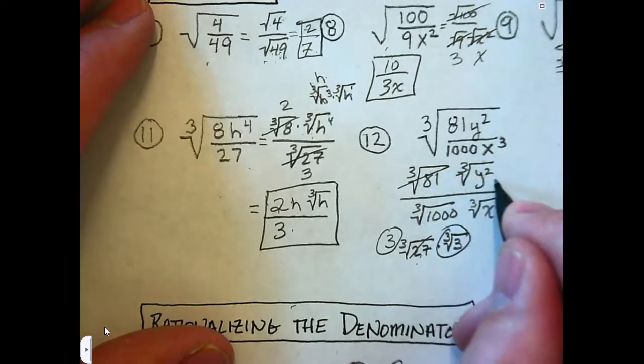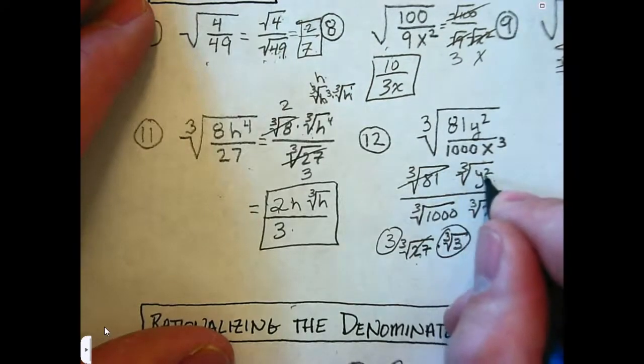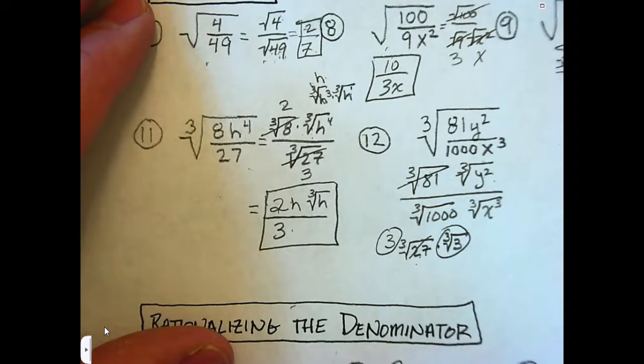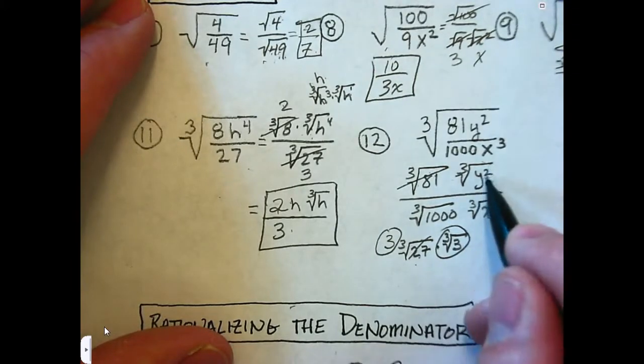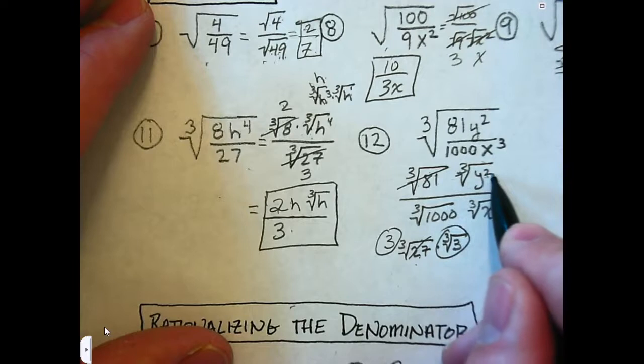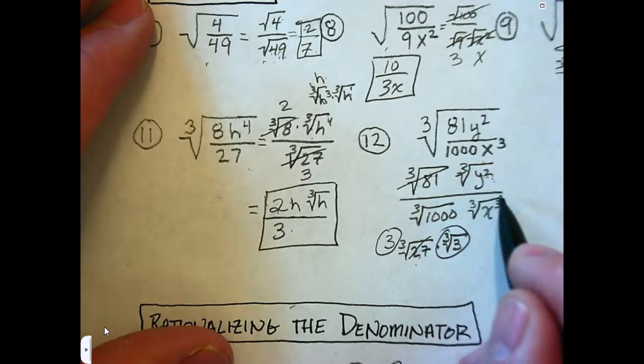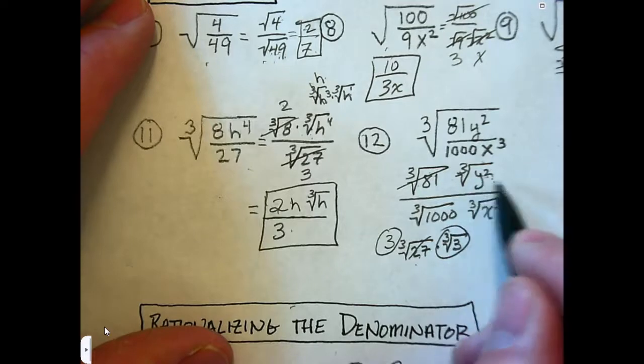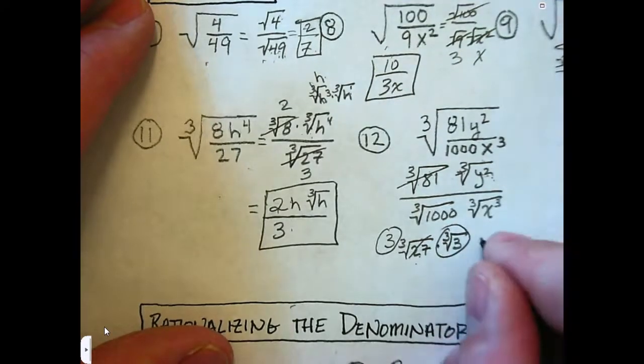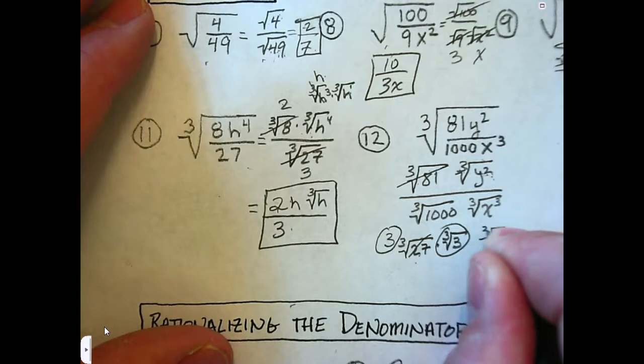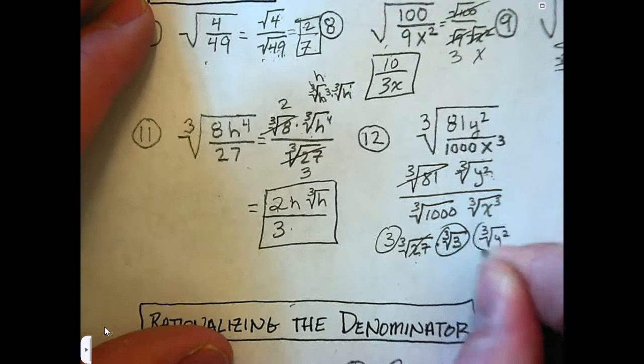Cubed root of y squared. Can we do anything with the y squared? First, 3 doesn't go into 2, and is there anything prior to 2 that 3 goes into? No. You only have 2 of them. You need at least 3 to take one out. So we have the cubed root of y squared. It just stays like that.